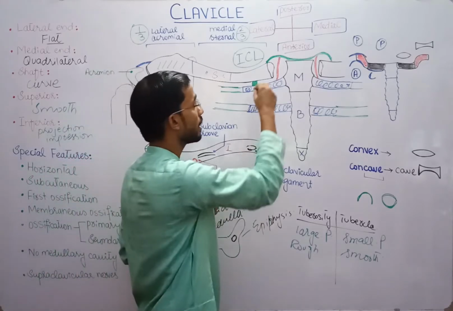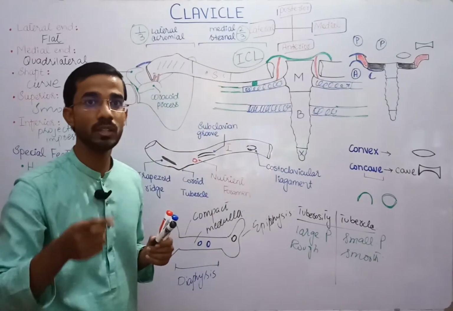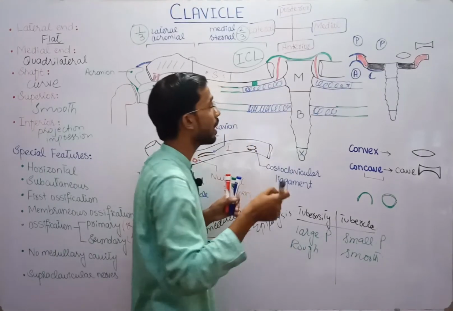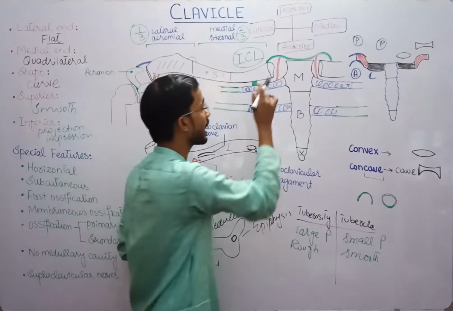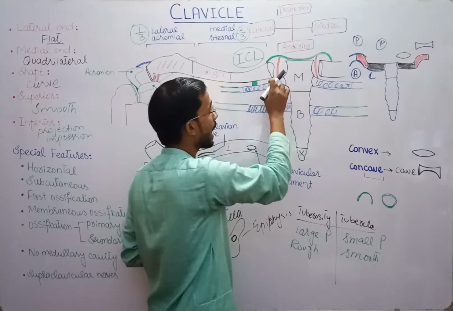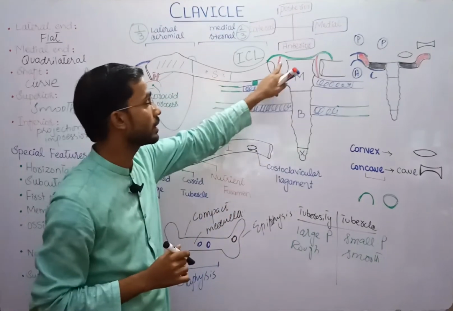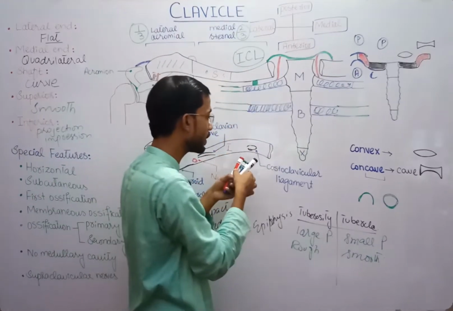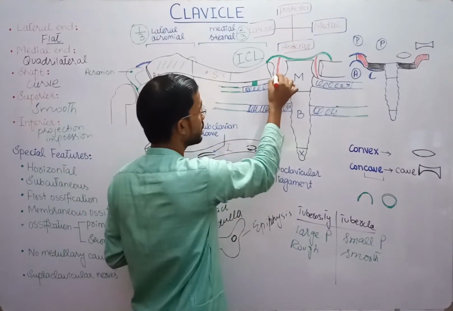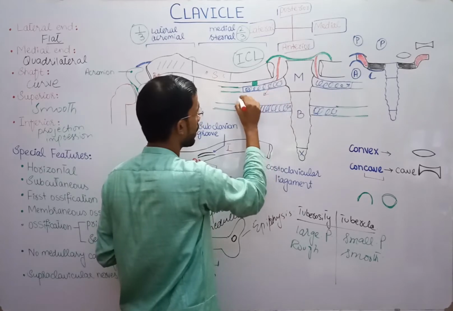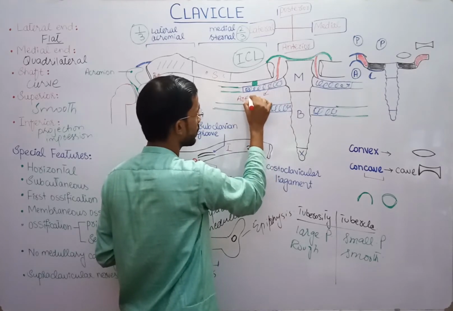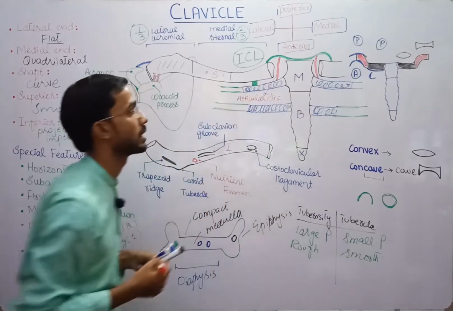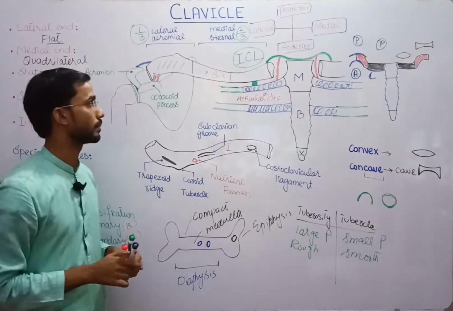And this is the posterior superior side, and there is another structure attached between this and the costal cartilage, which is called the articular disc. This red portion is actually the articular disc.